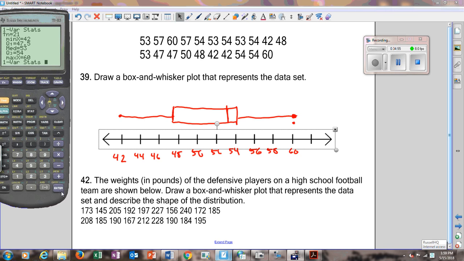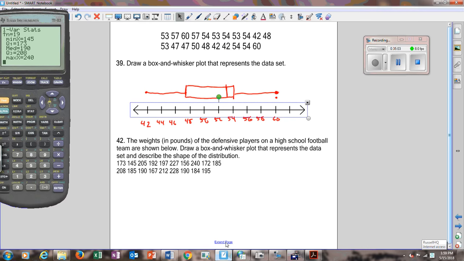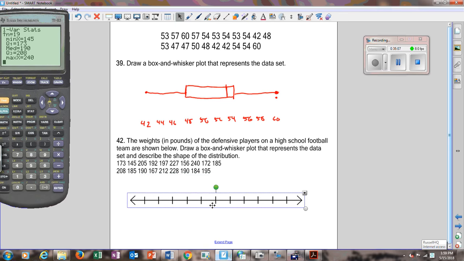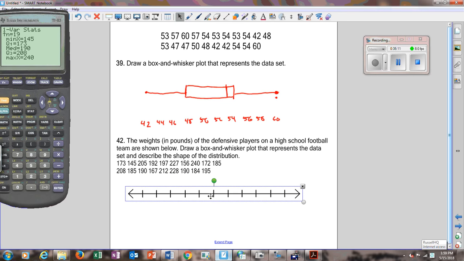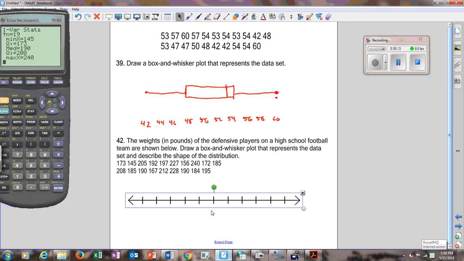Enter all the data in, go over to Calc, 1 var stats, scroll down, and we get the min is 145, Q1 is 173, median's 190, 208, and 240. So you need to go from 173 to 240.